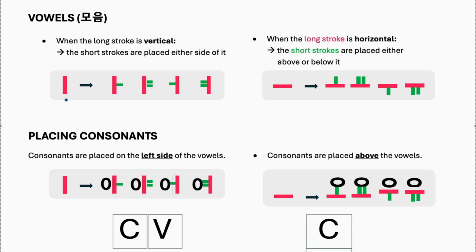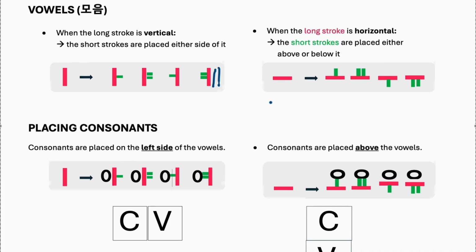For the vertical one, the short strokes are placed on either side of it. When the long stroke is vertical, the short strokes are placed on either side of it. If the long stroke is horizontal, the short strokes are placed either above or below. And there are 4 kinds here and 4 kinds here.